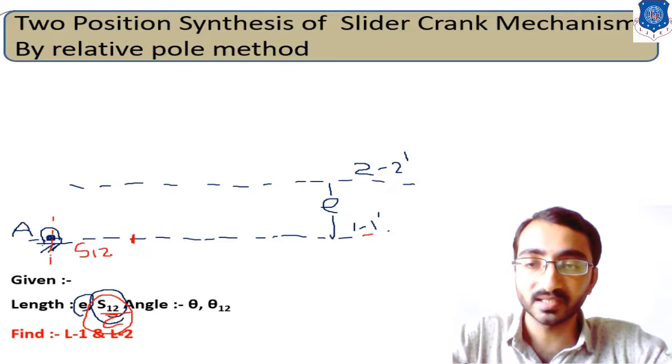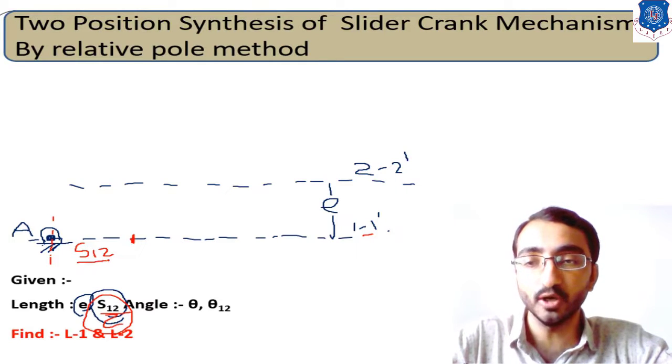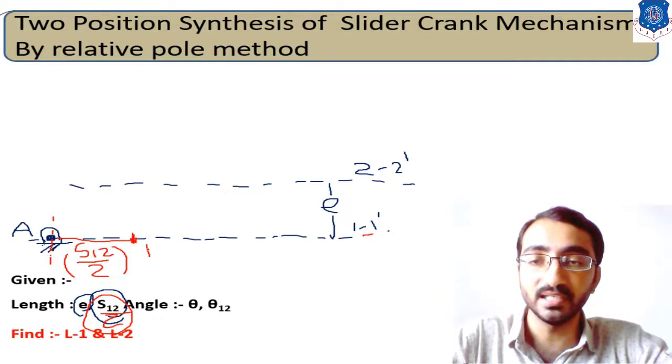If the displacement S12 is given as 100, then you take S12 by 2, that is 100 by 2, as the length of your displacement, and at the end of this length you will get point E as your reference point.